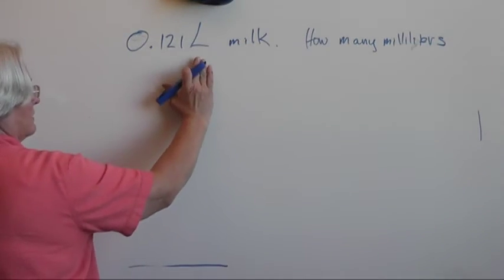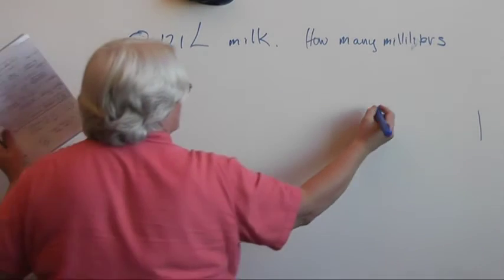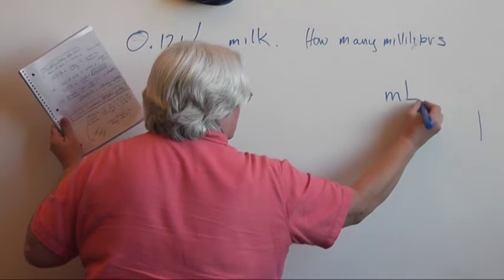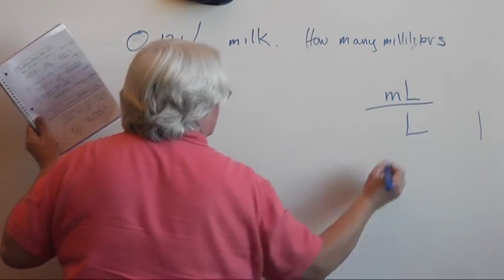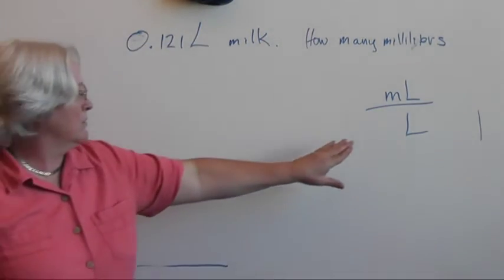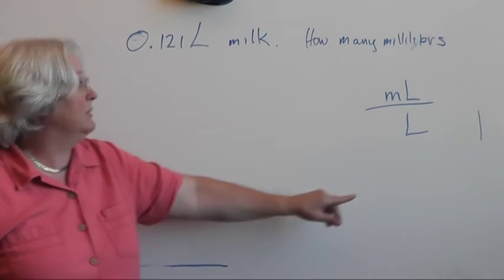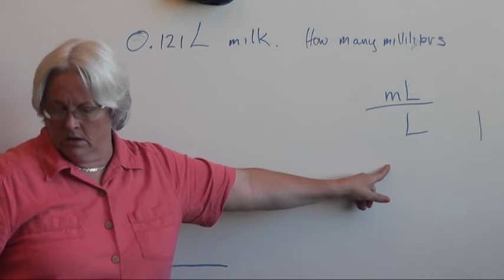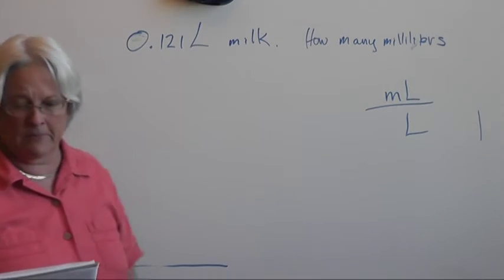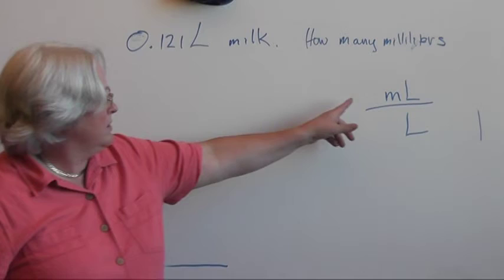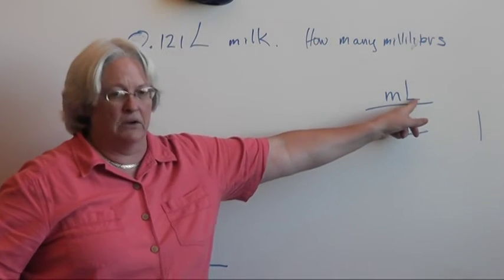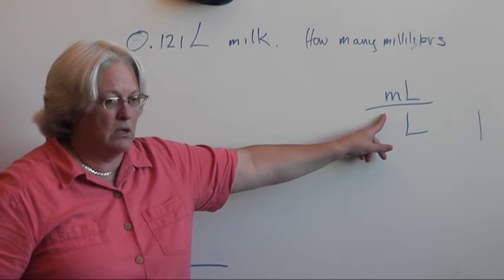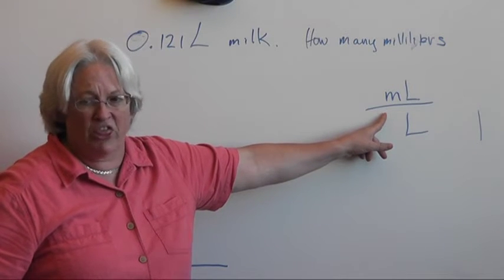So, we need a relationship between liters and milliliters, so it's a little m, a capital L for liter. And we're putting our liter in the denominator because that's the unit that we want to cancel. So what does little m, big L say? That says milli, which means 1,000th.